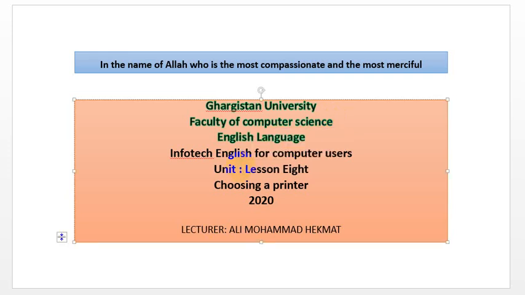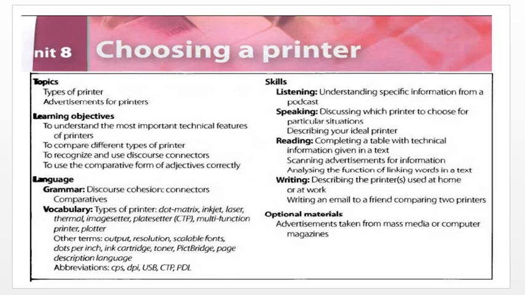Okay, this is Ali Muhammad Hikmat and I am with you with this lesson. The topic of this lesson is choosing a printer. Okay, let's go ahead and see what we have in this unit. Unit 8, choosing a printer.